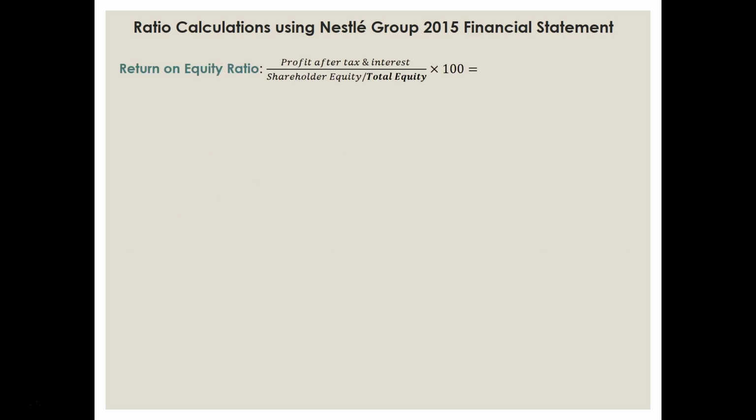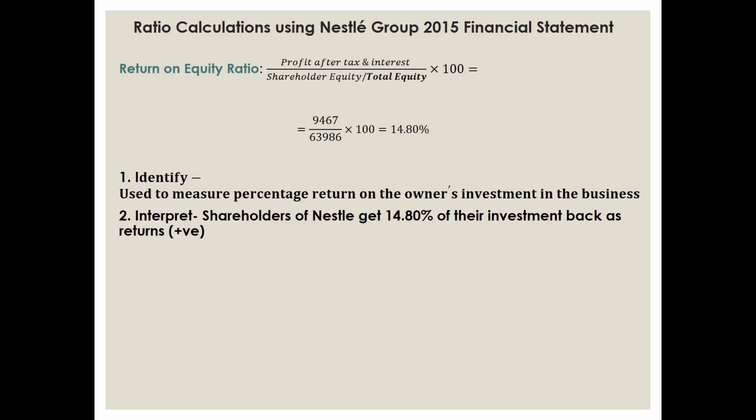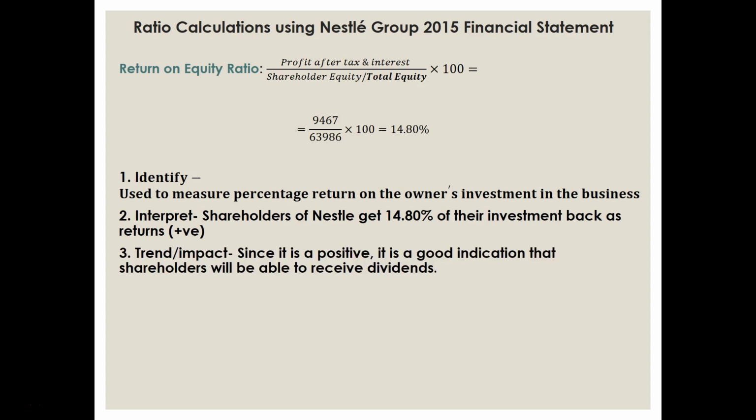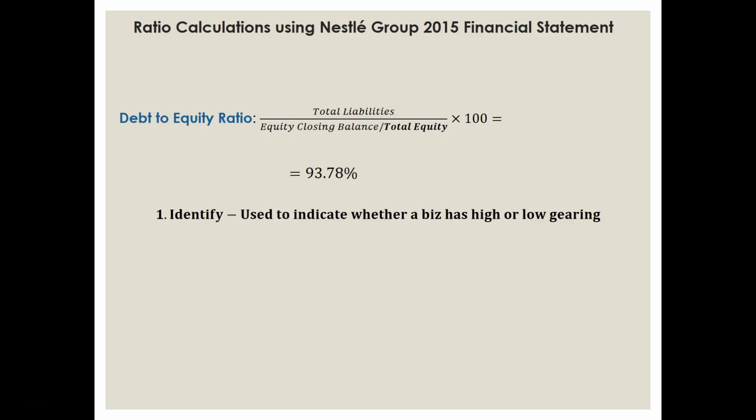Okay, moving on. Return on equity, so given here 14.8%. Definition of return on equity ratio, what does it mean? This is pretty straightforward, and we are looking at positive or negative, so this is good. Shareholders get to receive some dividends. It's not a negative. Okay, debt to equity ratio, given here 93.78%.